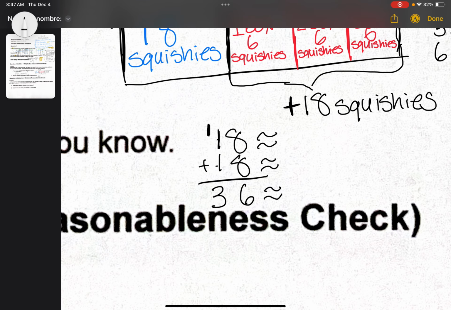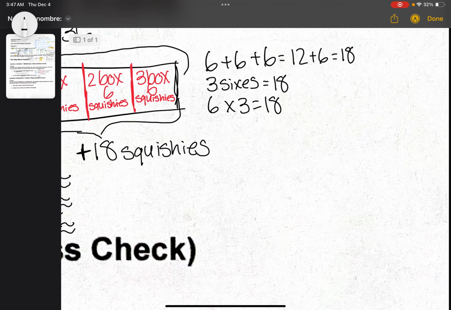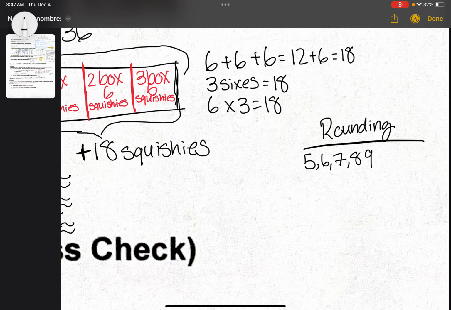Now, if you are like, Miss, I forgot how to round, don't worry, I got you. If you see this number, now we're going to do rounding. And if you remember this, if you have 5, 6, 7, 8, and 9, we're rounding up. Go up. So we're going up.